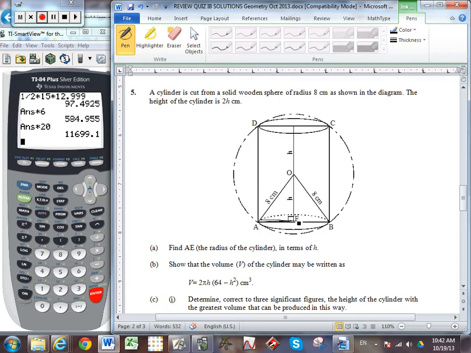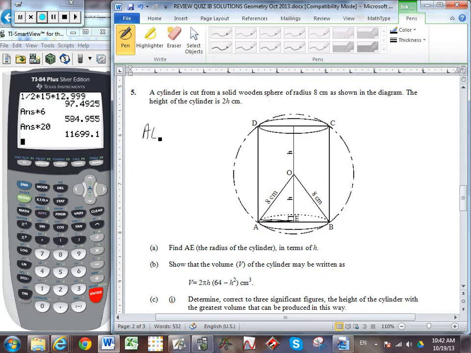In terms of h, so it's not asking us to come up with an actual numerical value, just some expression. So how can we relate this side that we're looking for, AE, to anything else? Well, we've got a right triangle here, don't we? So let's use Pythagoras.